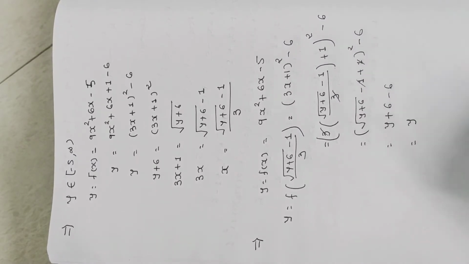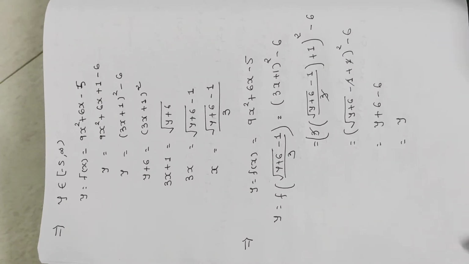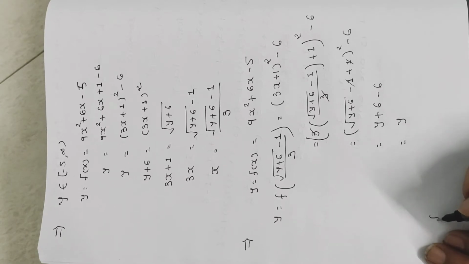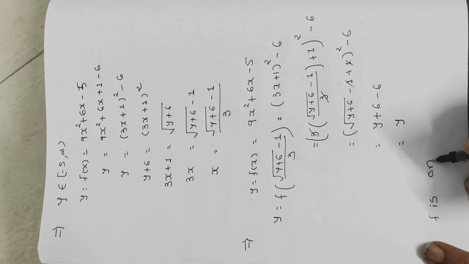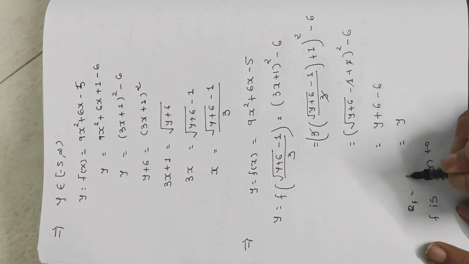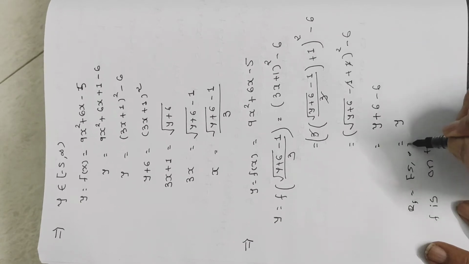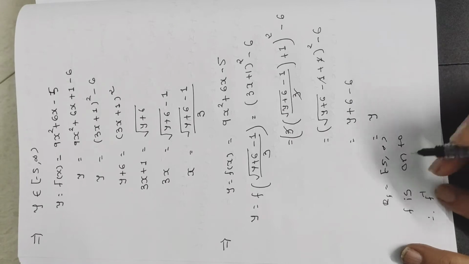Root is out. So y is equal to y. So f is onto. I have to write rf is equal to minus 5 to infinity. F is onto, so f inverse exists.